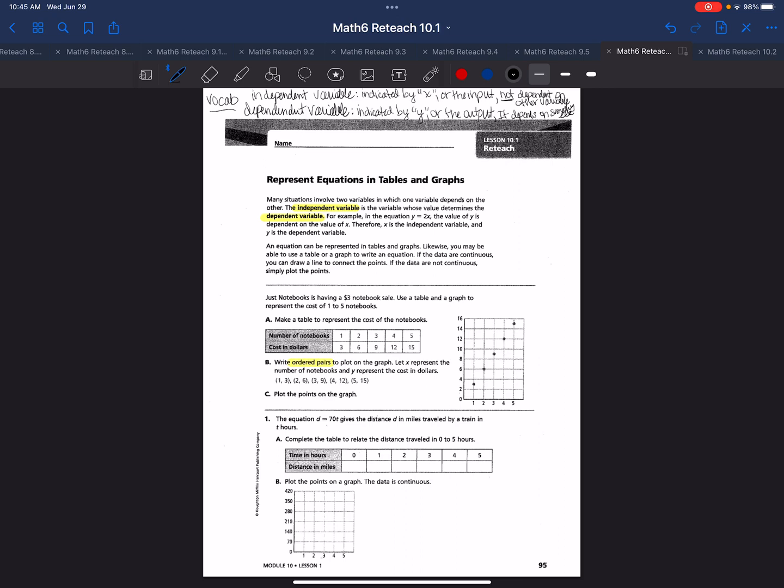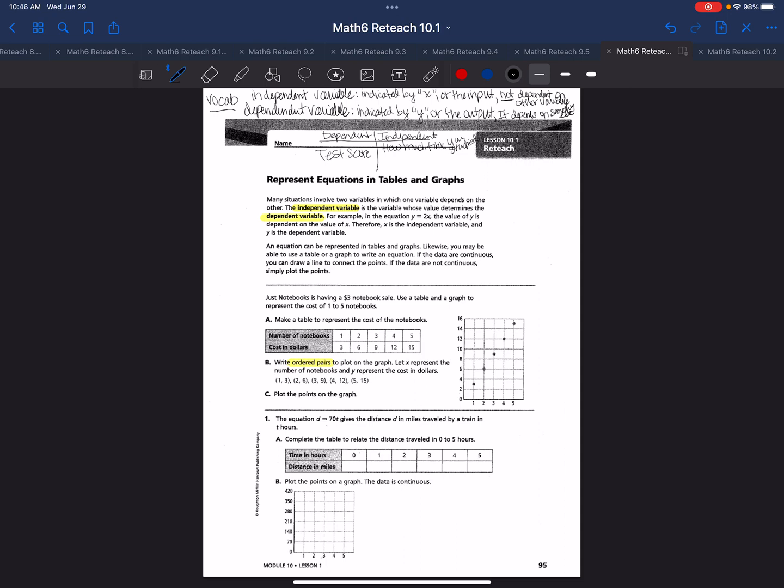For example, in real life, you can have a dependent variable, and then I'll have independent here. Let's say your test score. Whatever you get on a test is dependent on, let's say, how much time you study. Did you study for the test?